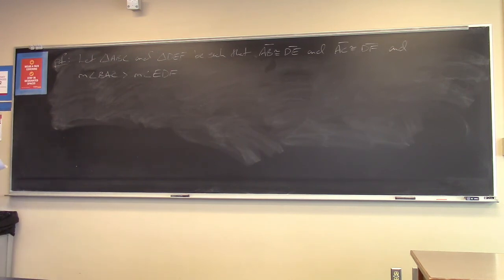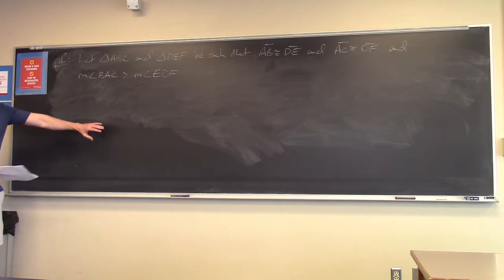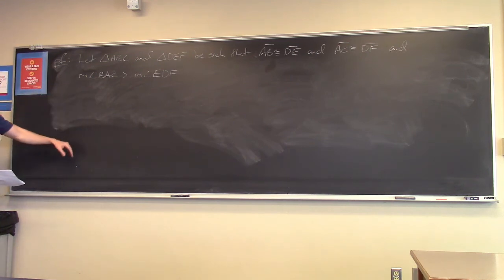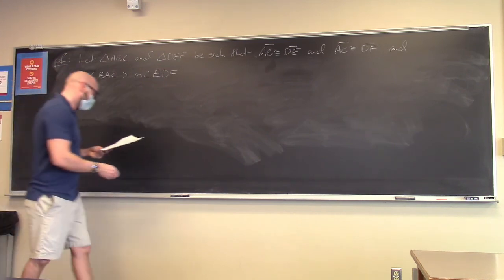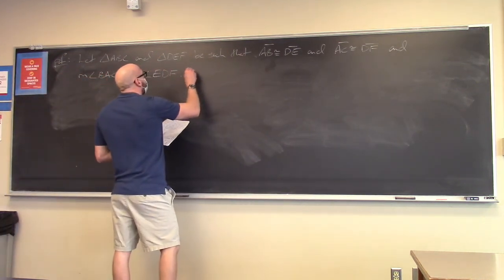So this is just the picture we had before, those two triangles. Again, I'm going to do what I suggested, and then I'll draw a picture of what's going on. But we're building a copy of the smaller triangle inside the bigger one.